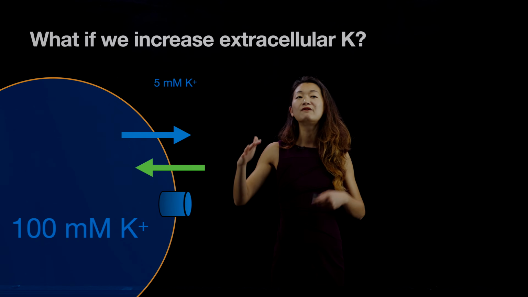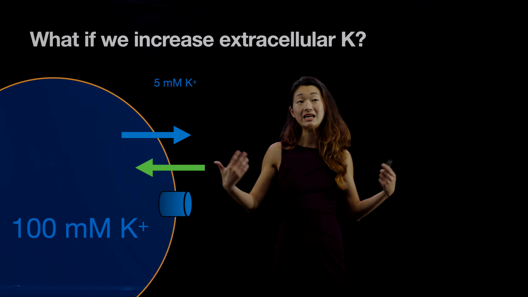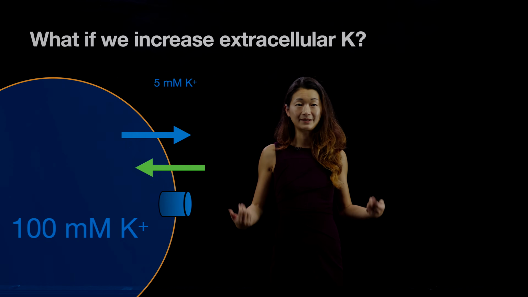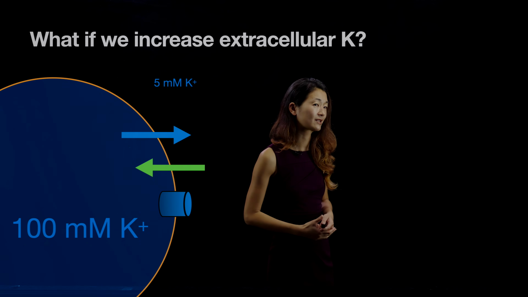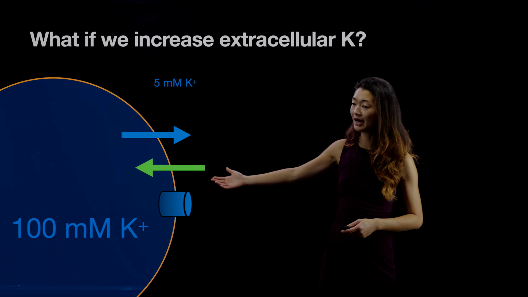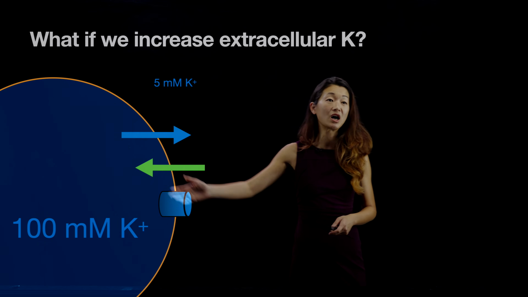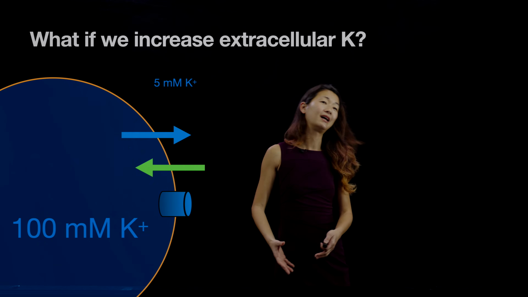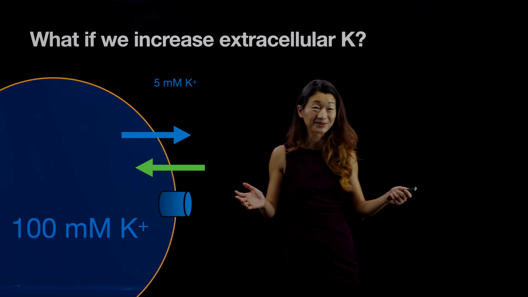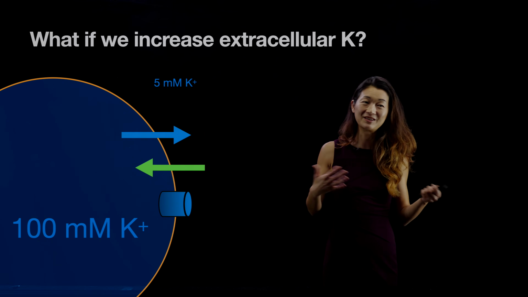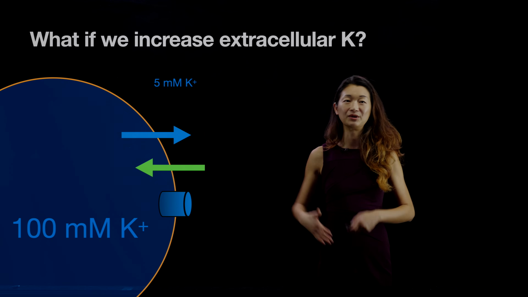What if we artificially and even temporarily increased the extracellular potassium concentration? So, for example, in an experimental context, I have a neuron that I dissected out of a cockroach, and I put it in a dish, and I'm going to bathe it in a solution that has a lot more potassium in the extracellular space than the physiological conditions actually are in the animal. Okay, so what if we just did that?